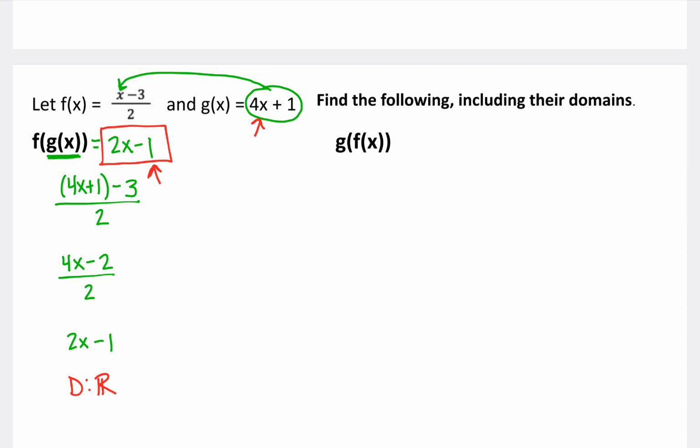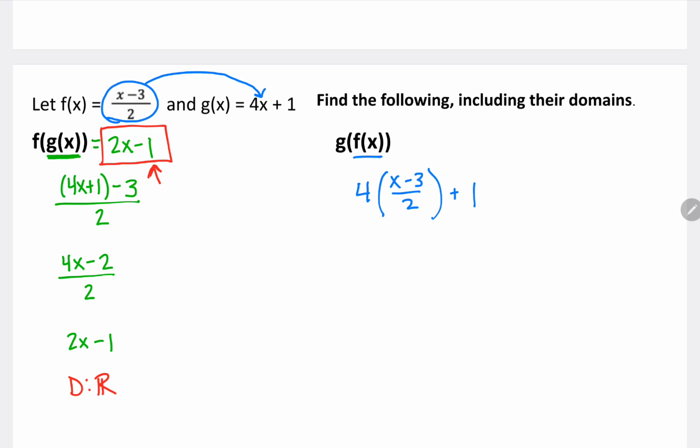So let's try that again. But this time we're going to plug in f into g. So we're going to take function f and plug it in everywhere there's an x in g. So in this case, we have 4 times, and then we're going to plug in f, x minus 3 over 2, plus 1.